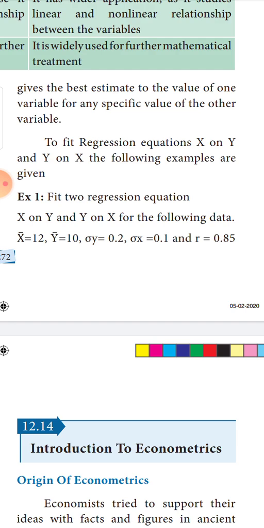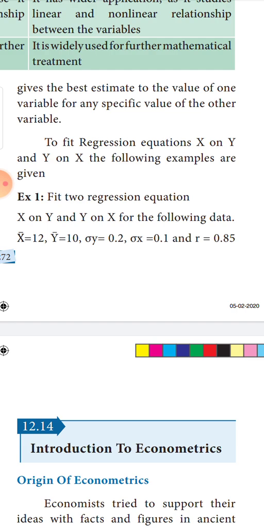You are given the value of x bar to be 12, value of y bar to be 10, sigma y is given as 0.2, sigma x is given as 0.1, and the correlation coefficient value is given to be 0.85. You are given all the values, but you have to just substitute these values in the given equation and find the equation of the regression of x on y and y on x.